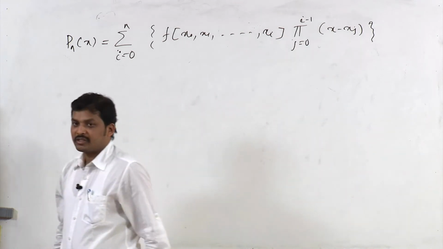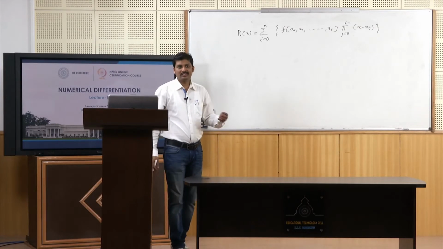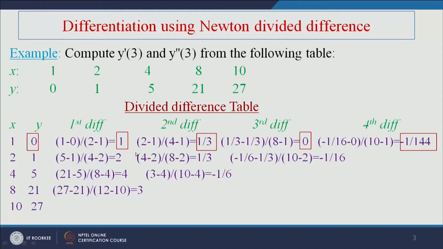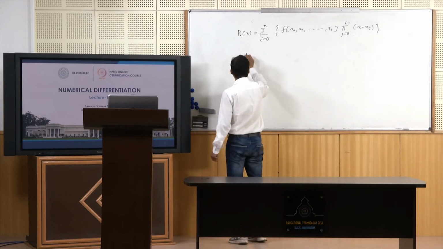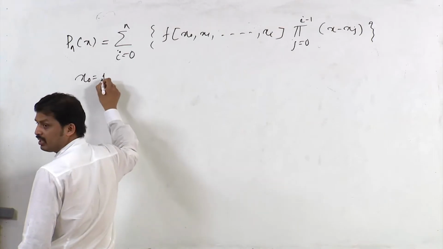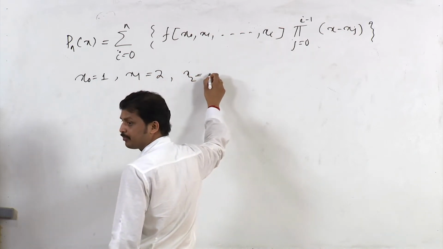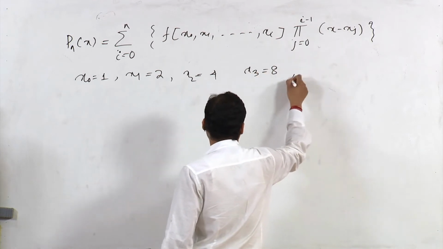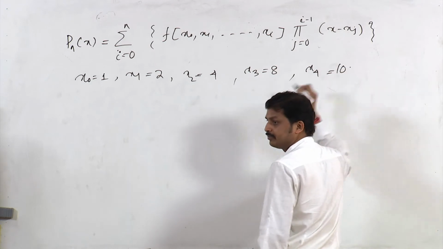If we write this polynomial in this form, then since the data given to us are x0, x1, x2, x3 and x4, collectively we write x0 equals 1, x1 equals 2, x2 equals 4, x3 equals 8 and x4 equals 10.